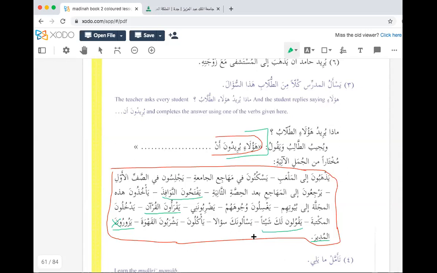Meaning? Meaning يقول, not يقول, يقول. It's from khala, right? From يقول. قال يقول, yeah.